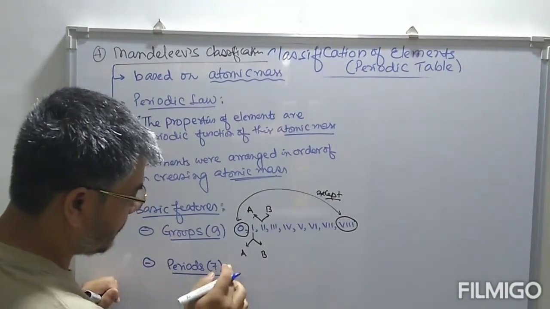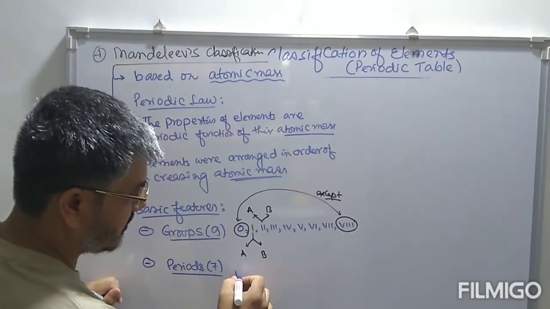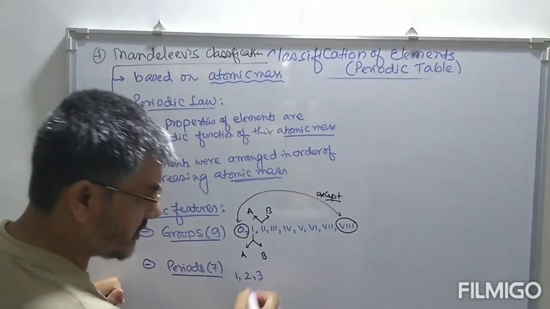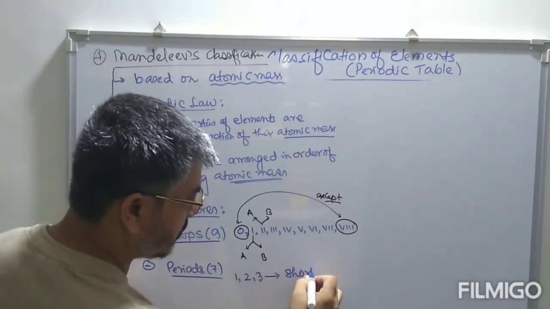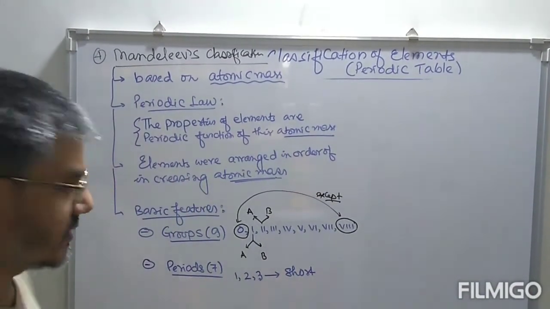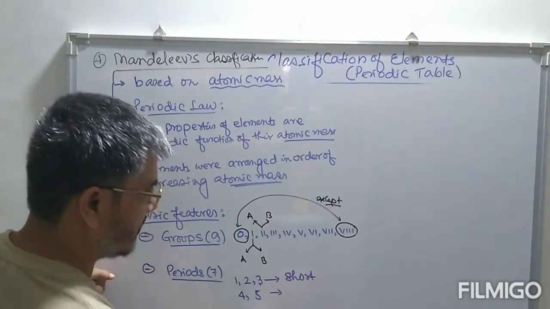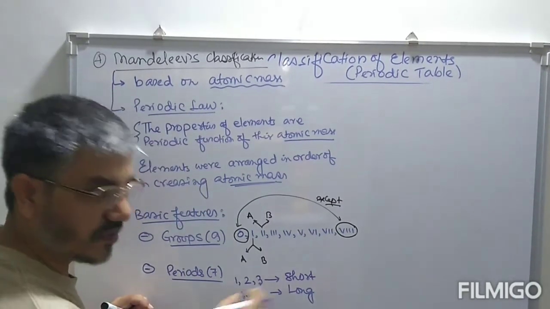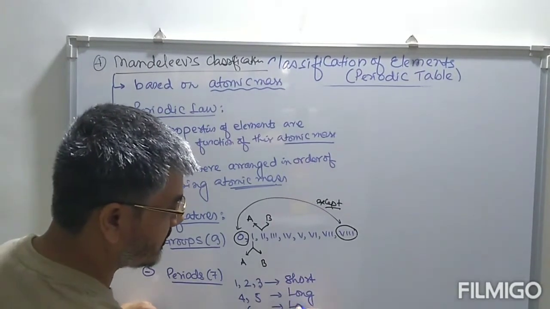Now, the first period, second period and third period are short periods, meaning the number of elements in first, second, third is less. Then 4 and 5 are long periods, meaning containing more number of elements. 6 is the longest.